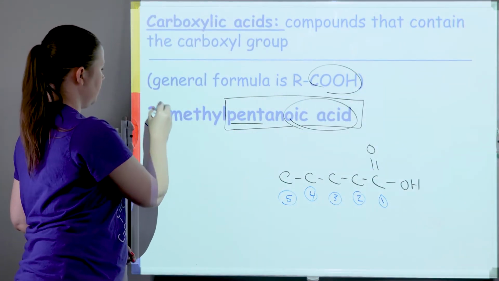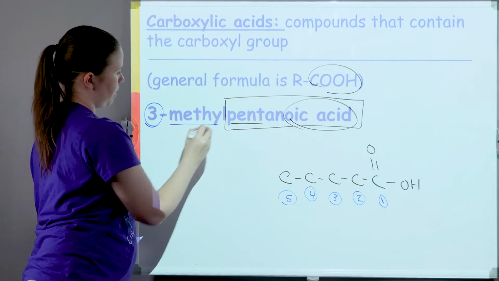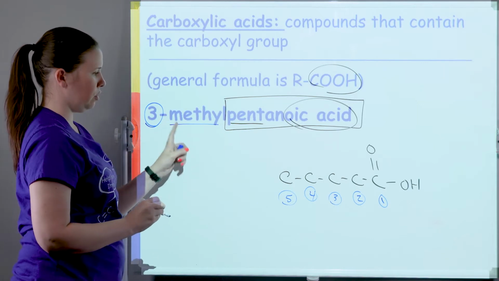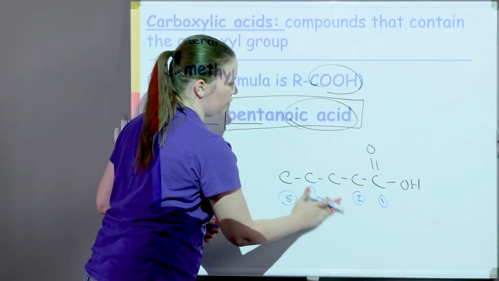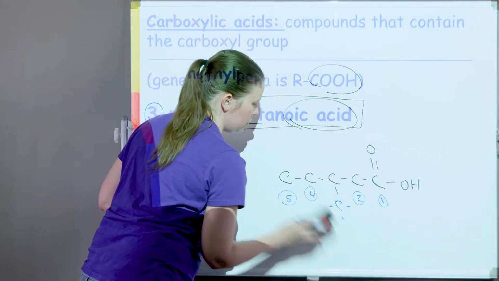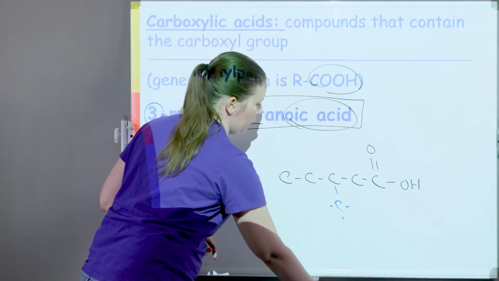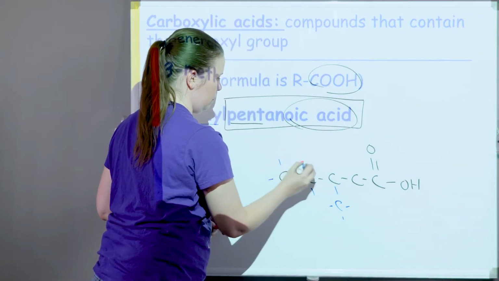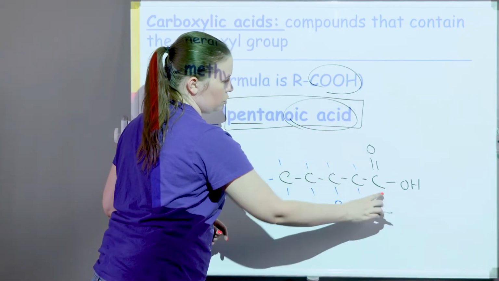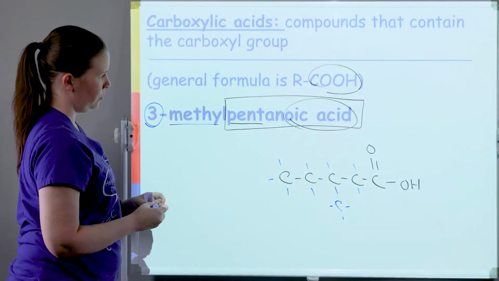So that's going to dictate where my attachment goes. I have a methyl attachment this time, which was that 1 carbon branch that I want to put on the 3rd carbon. It's going to get dashes just the same as all the rest of them. Let me just get my numbers out of the way. But just remember that the carboxylic acid carbon is already full.